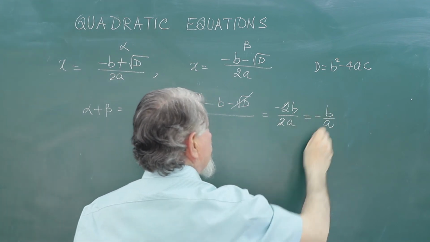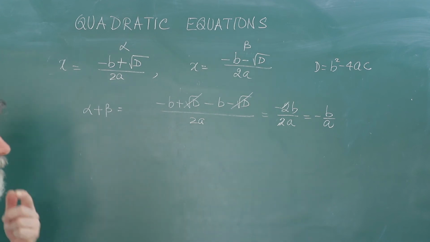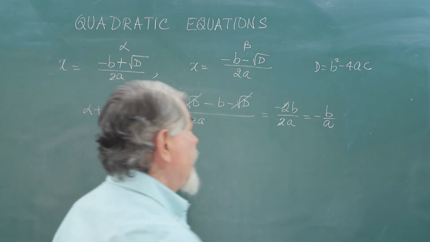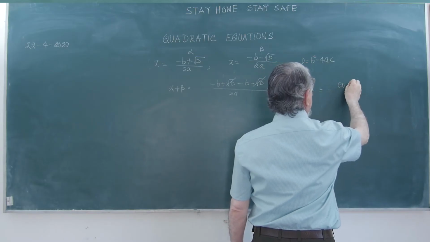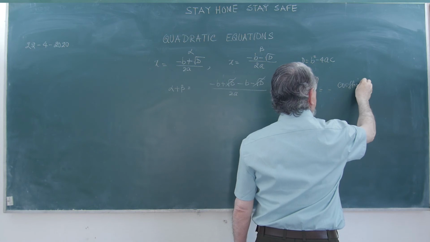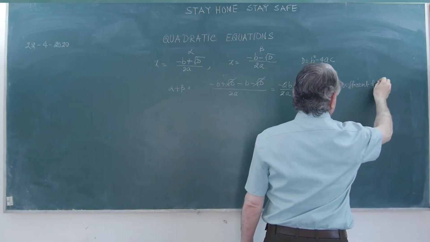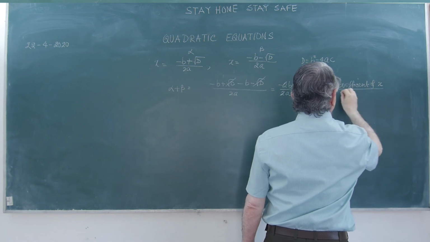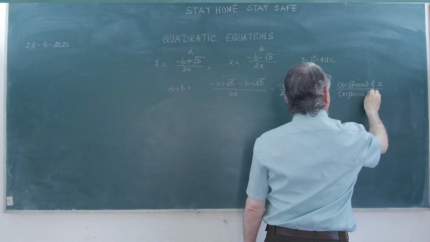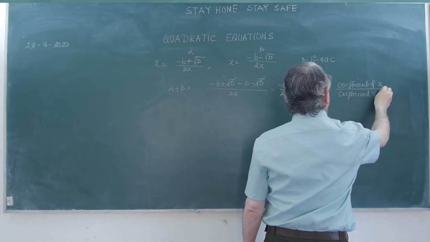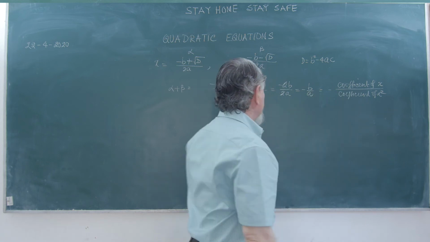If you remember, we calculated the sum of the roots to be minus b upon a, and we had said minus the coefficient of x upon the coefficient of x square.